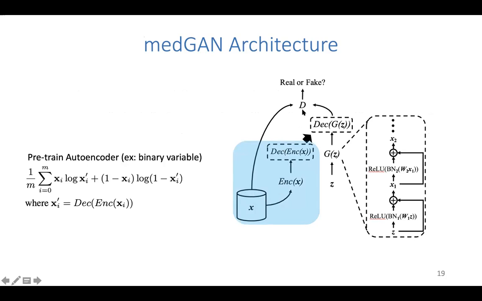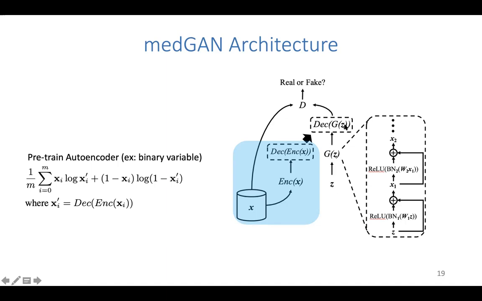There's a discriminator and a generator, D and G, and the generator accepts random noise from a normal distribution or uniform distribution. So Z is total random noise, and then G, accepting that, will have to generate a realistic sample.